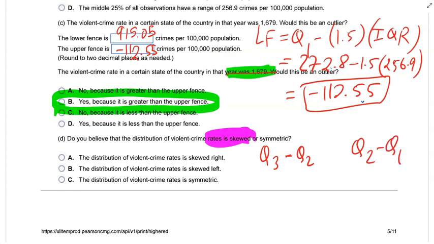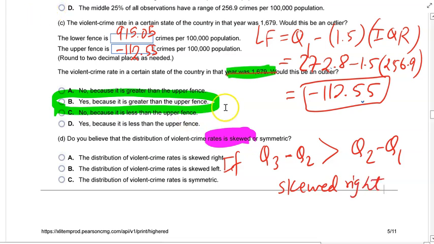If Q3 minus Q2 is bigger, it is skewed right. So you find Q3 minus Q2, find Q2 minus Q1, and check which is bigger. If Q3 minus Q2 is bigger, we call it skewed right.